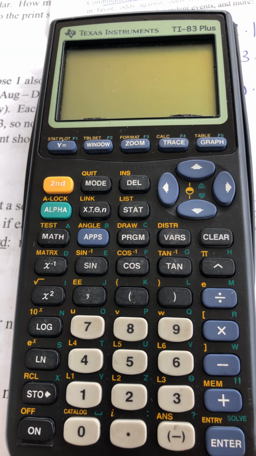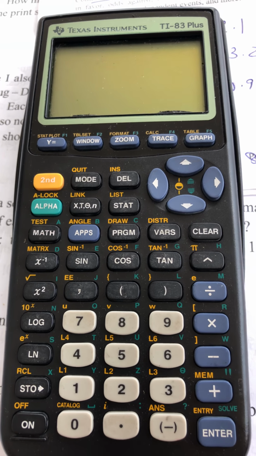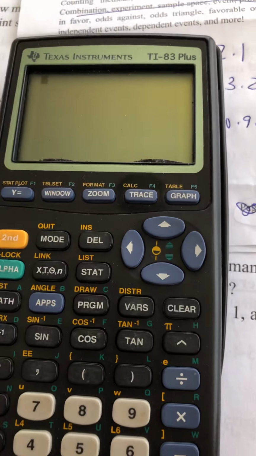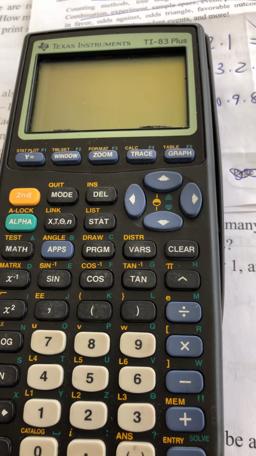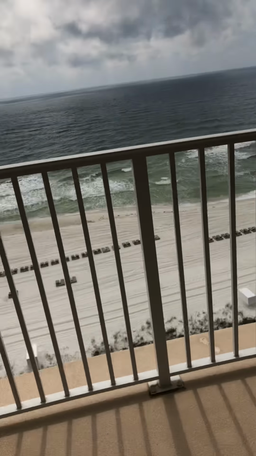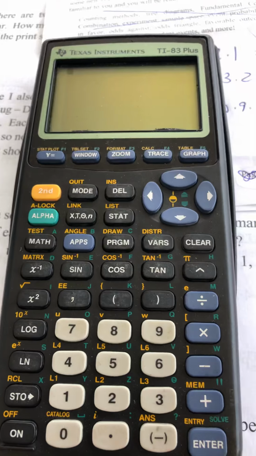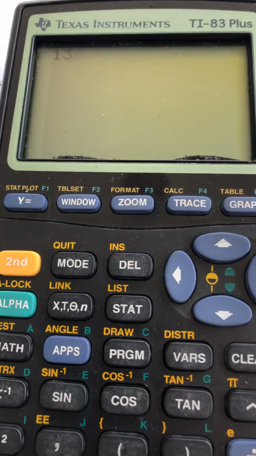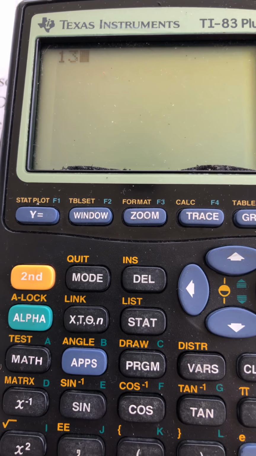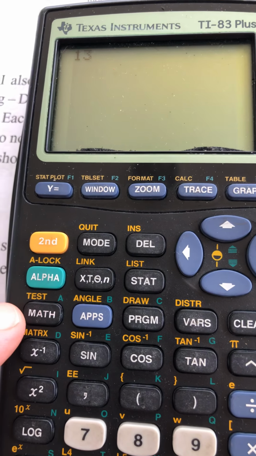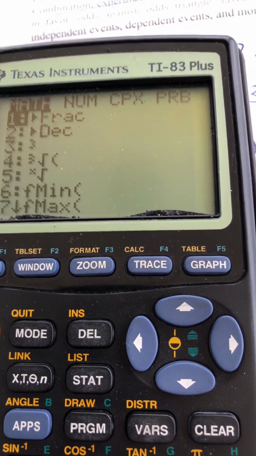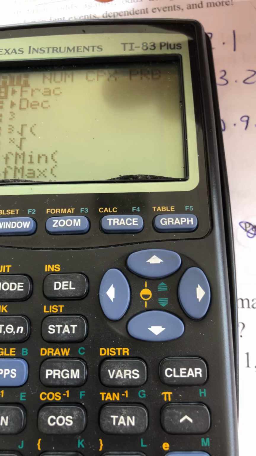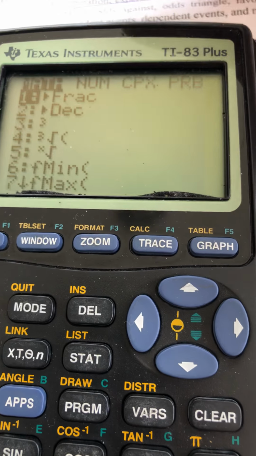Now let's pretend I want to do 13 factorial. What I'm going to do is turn it on, that would help. Let me clear out what's there. Okay, come back here. 13 factorial, so I'm going to type in the 13, okay? I typed in the 13. Now I'm going to go to the math key, and notice that there's a column that says Math, NUM, CPX, and PRB.